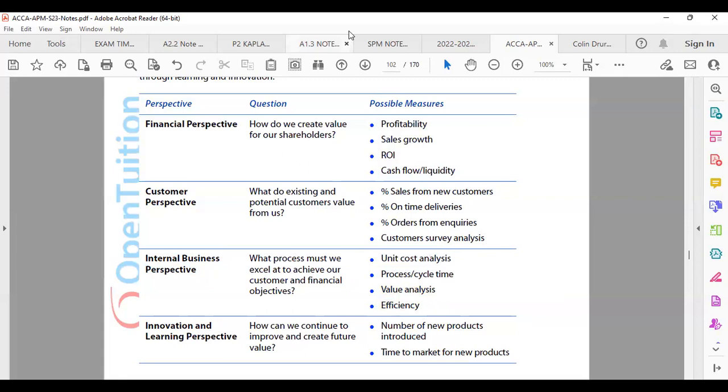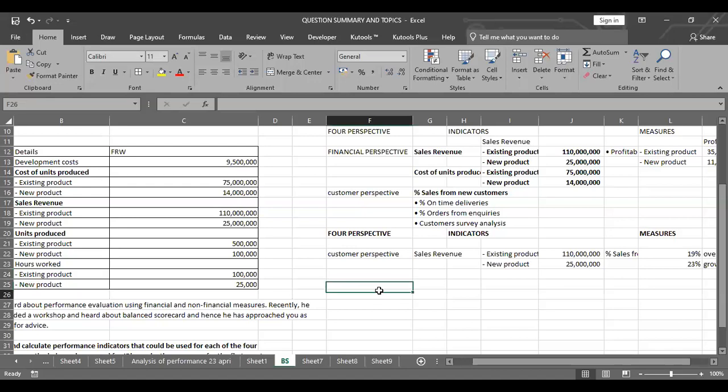And if you come back to the Excel we're having here, our next agenda is to check what is called internal business perspective. I think it was 2 marks, because I said there's 8 marks for the internal business perspective.